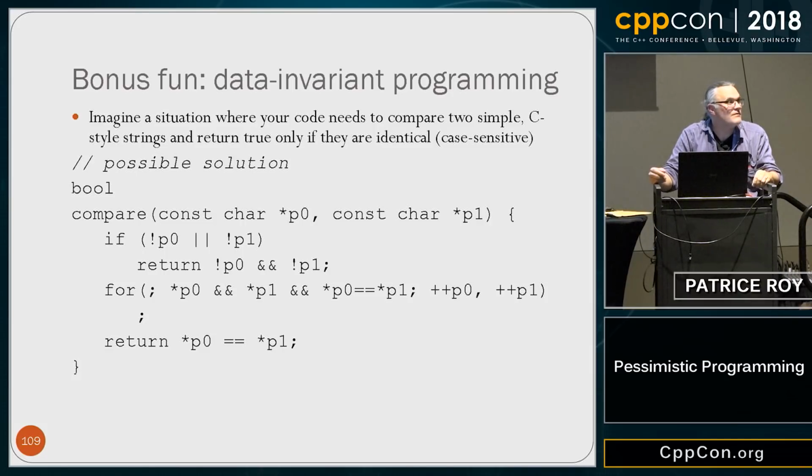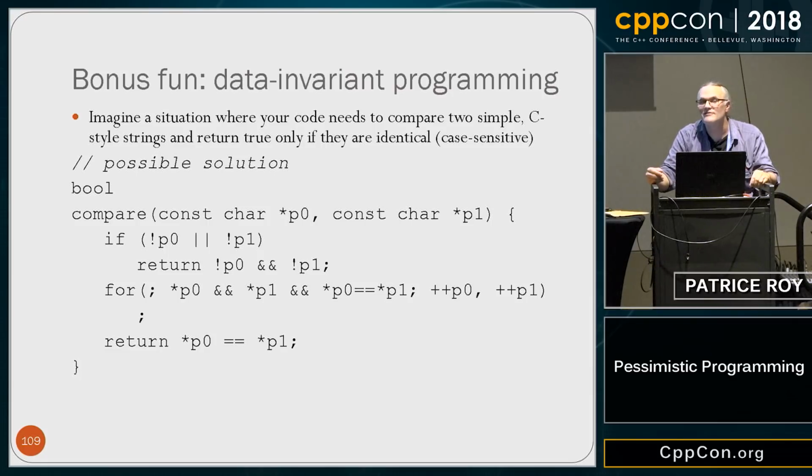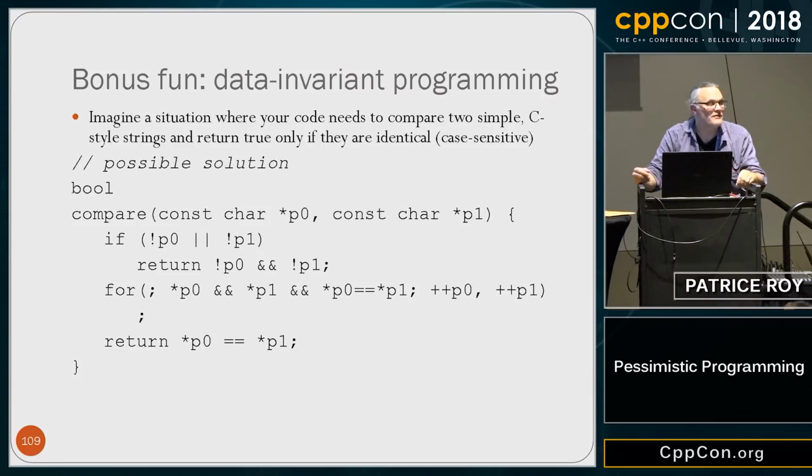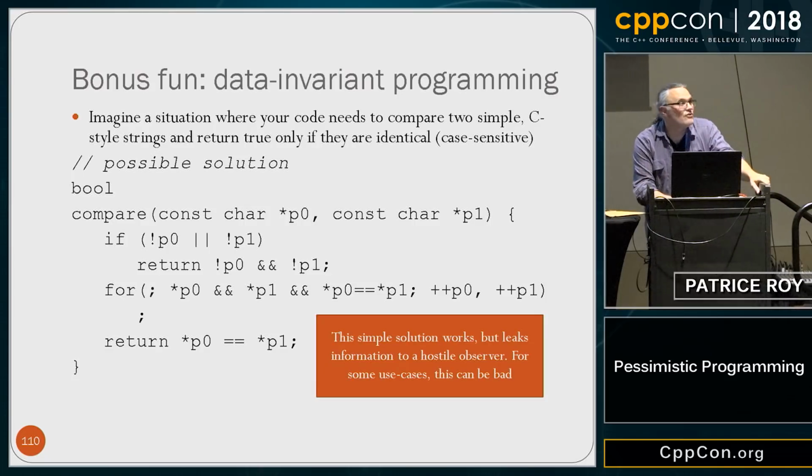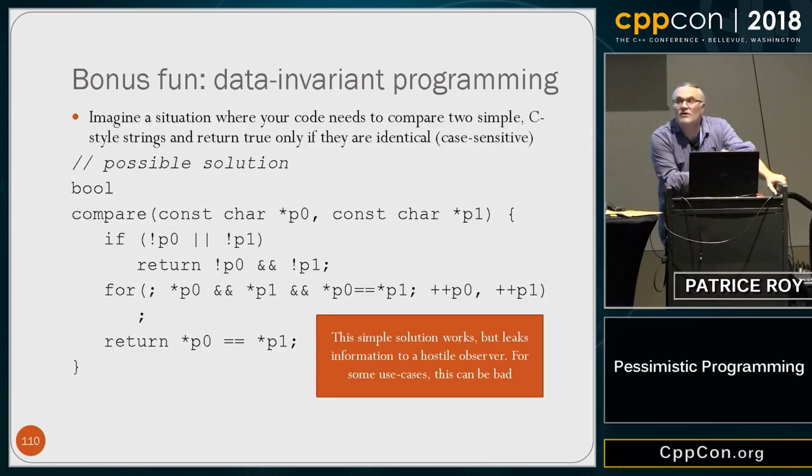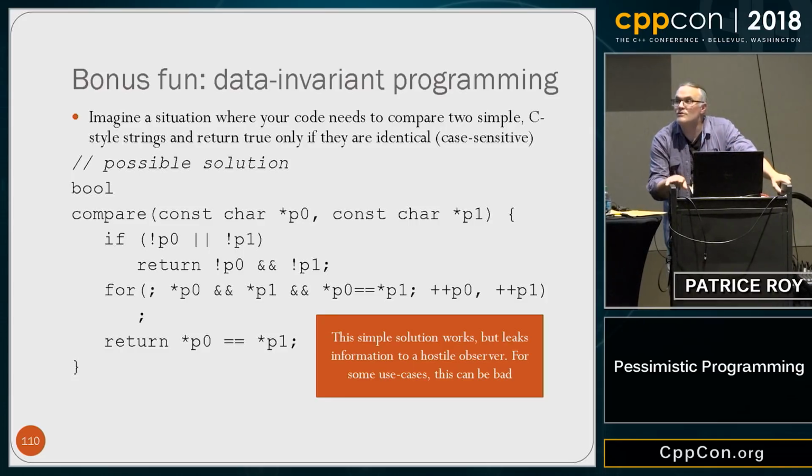They might be measuring the time and say, oh, this one lasted a bit longer than the previous ones, so I must be getting closer. So this is bad, because if you're hostile, the timing of that thing leaks information. From a security standpoint, you would like the time it takes to compute this function to be strictly dependent on the size of the input.